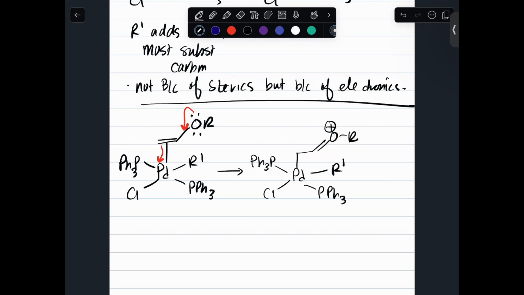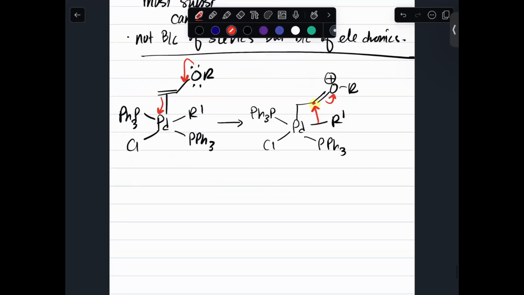And now you've provided an electrophilic center to attack. So it has nothing to do with sterics, but it has everything to do with electronics. You now have a pretty electrophilic carbon center so that you can go ahead and form your bond.